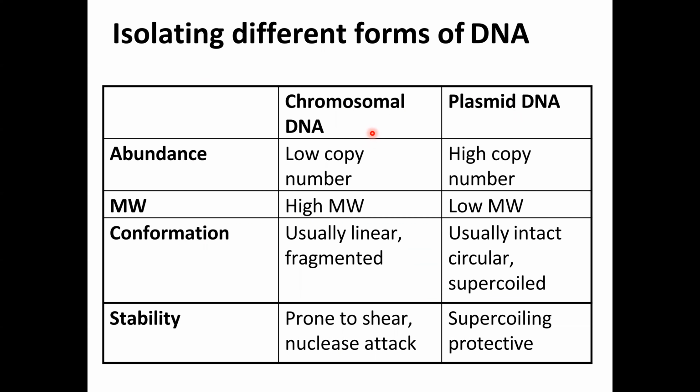In terms of shape, you should remember that chromosomal DNA is usually linear, since it is very fragmented, whereas plasmid DNA is intact and circular, as I mentioned, relaxed and supercoiled. In terms of stability, chromosomal DNA is very prone to shearing and nuclease attack, whereas plasmid DNA, in its supercoiled shape, is very protected.